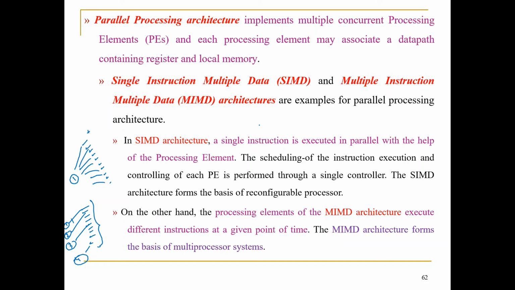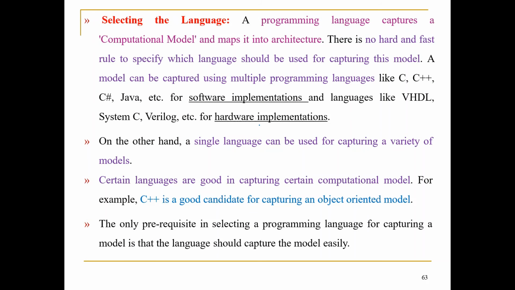After the architecture has been selected, you need to know the language in which you are actually going to write the program. That is, you are speaking about the software things here. You are going to check which language you are going to use, and there is no hard and fast rule for that. You can take any of them. You can write it using C, C++, C#, Java.